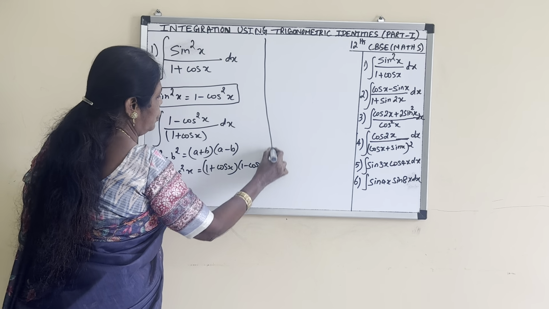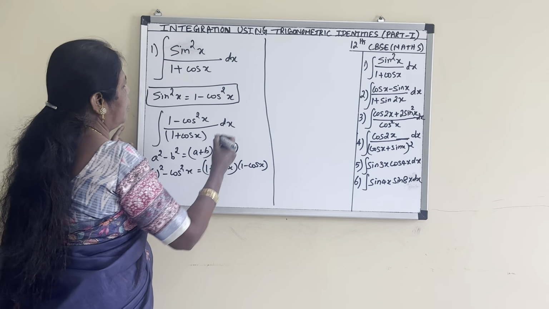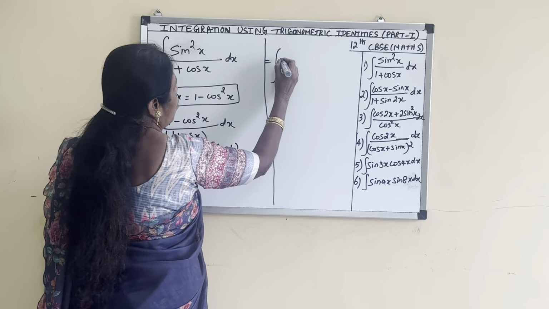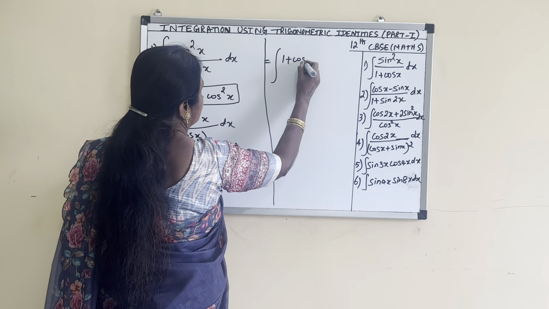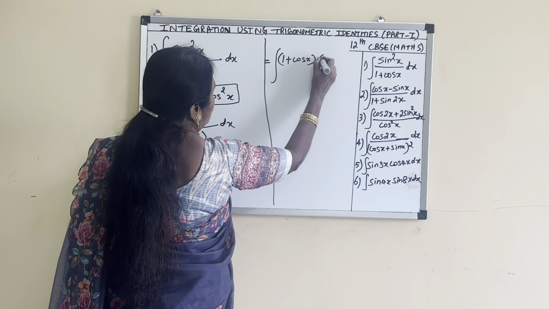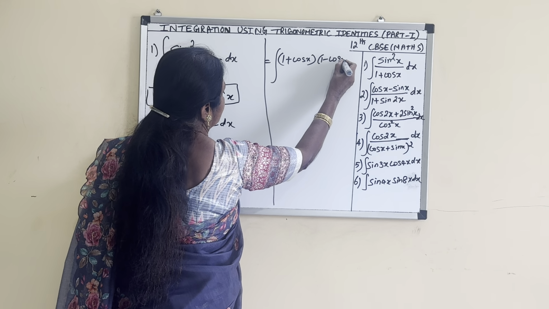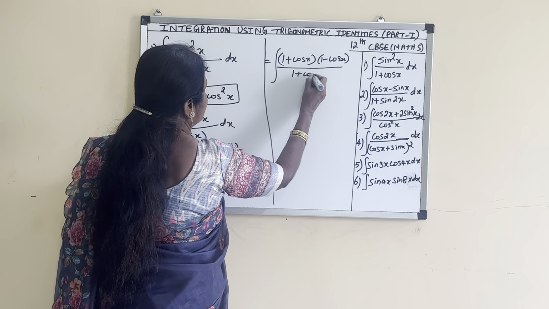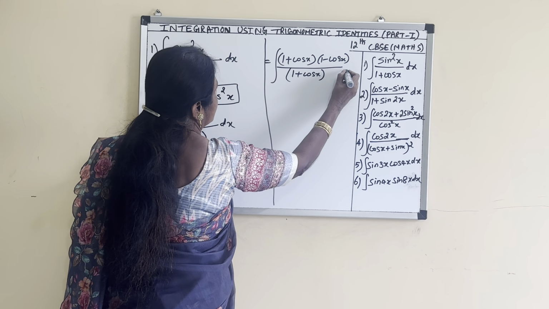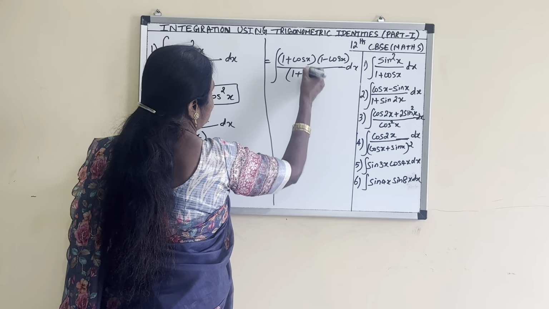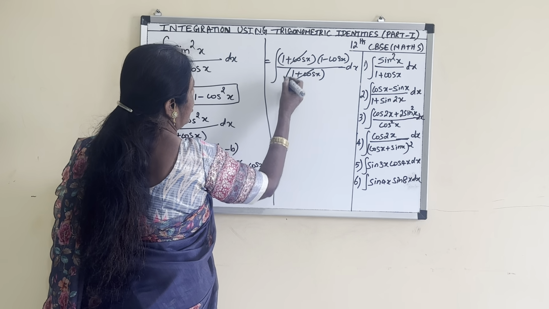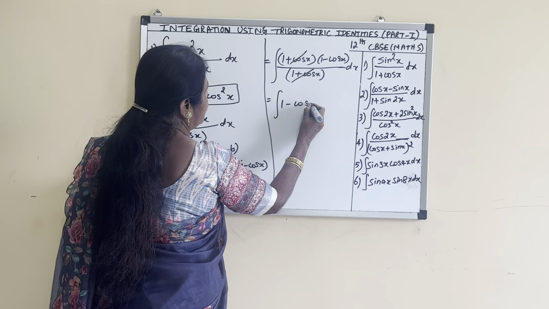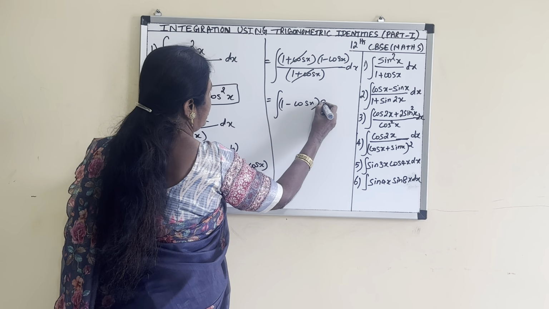Now I am going to apply this formula in this, which is equal to integration of 1 plus cos x into 1 minus cos x divided by 1 plus cos x into dx. So these two are same, we can cancel it off. What is left out is 1 minus cos x into dx.